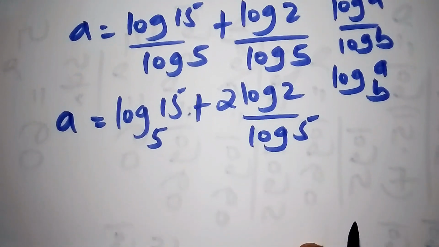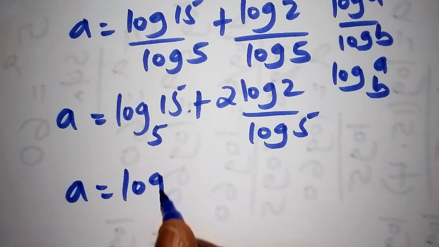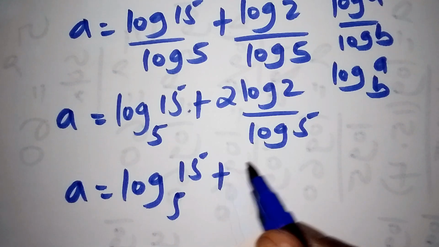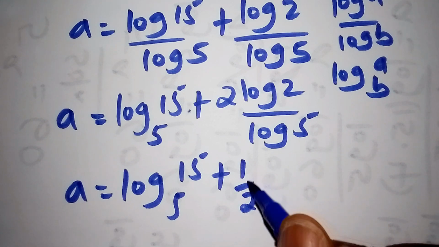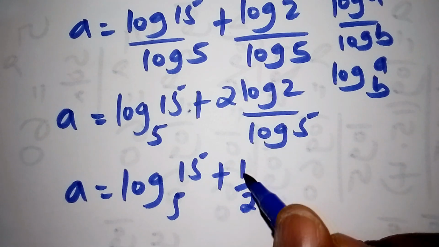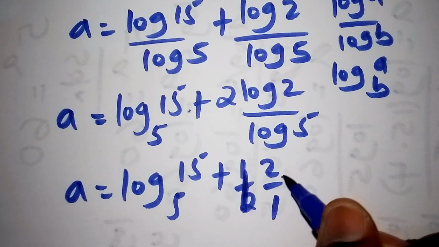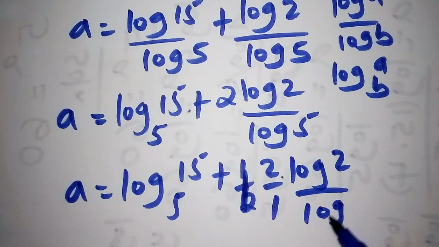So our value for a is equal to the log of 15 to the base of 5 plus 2 times the log of 2 all over the log of 5.